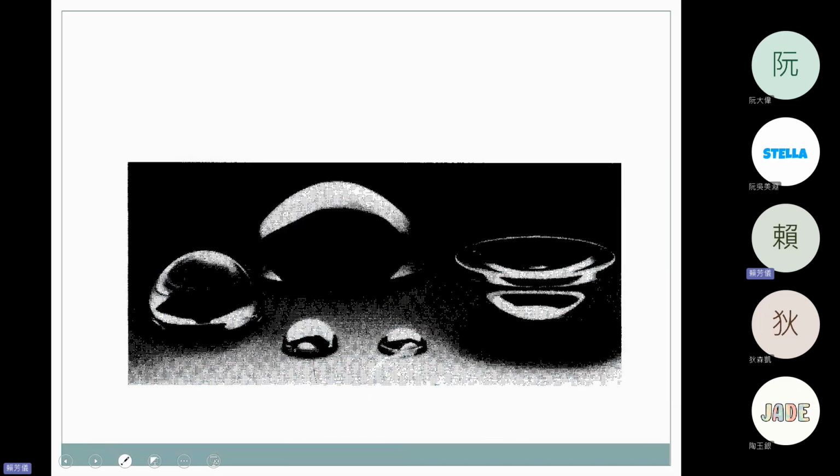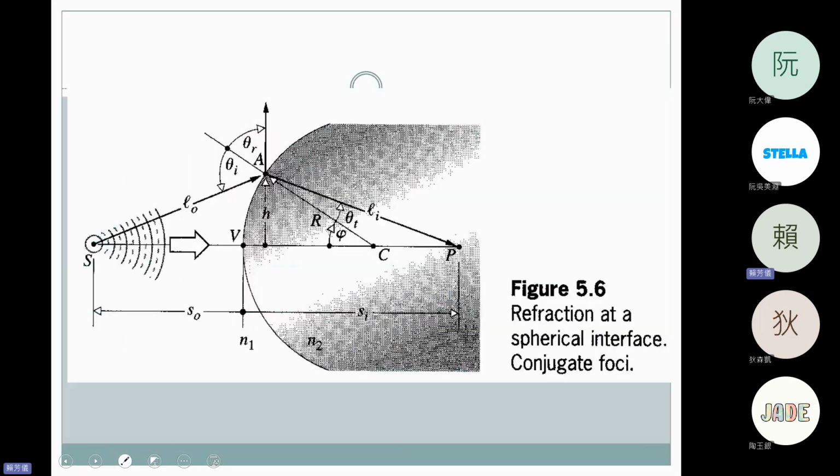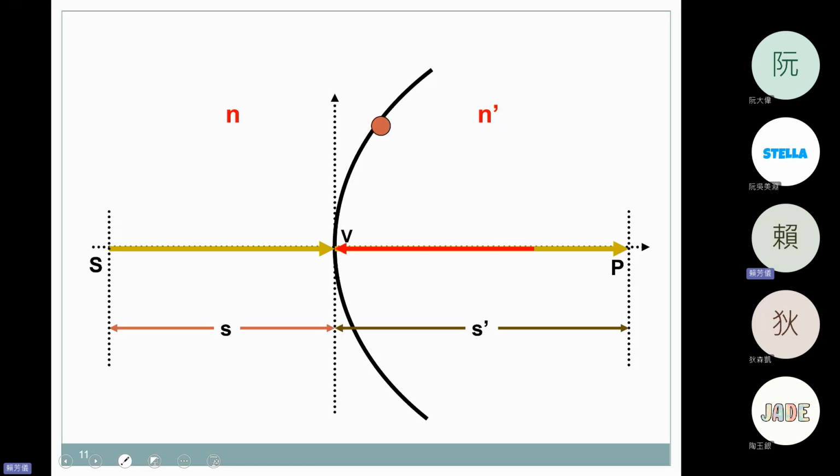So this is why aberrant images will happen.